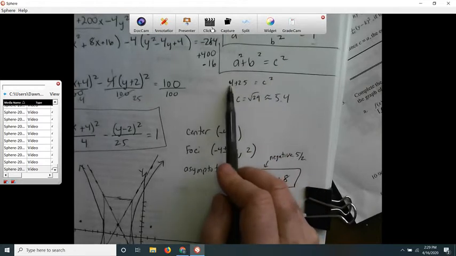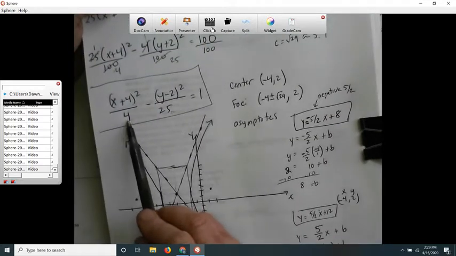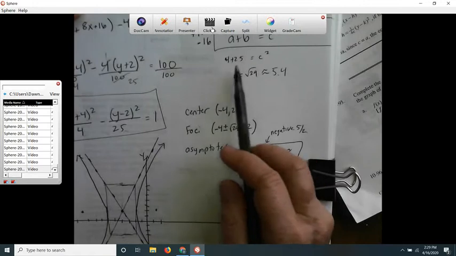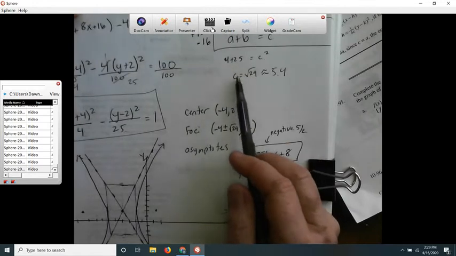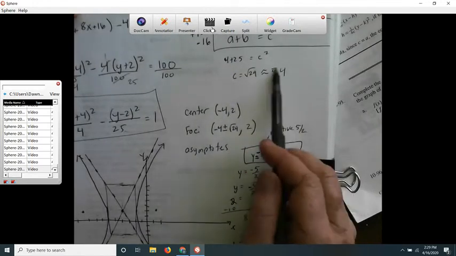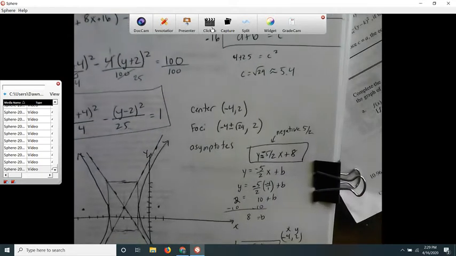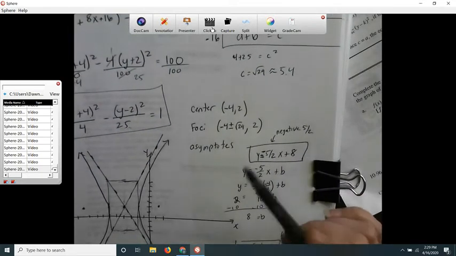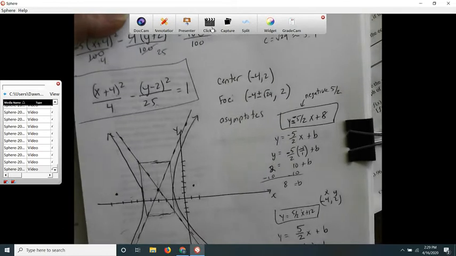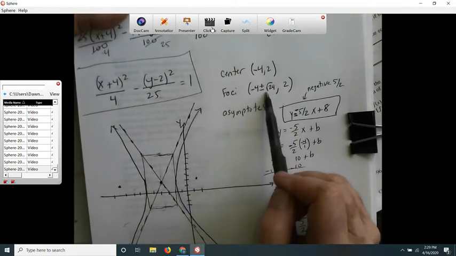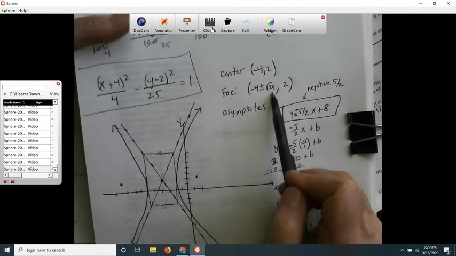So 4 plus 25 equals c squared. So I get square root 29, which is 5.4. And so my focus is at -4 plus or minus root 29.